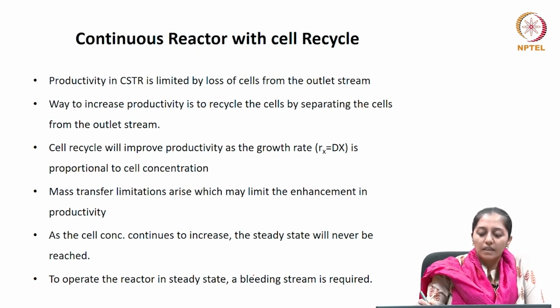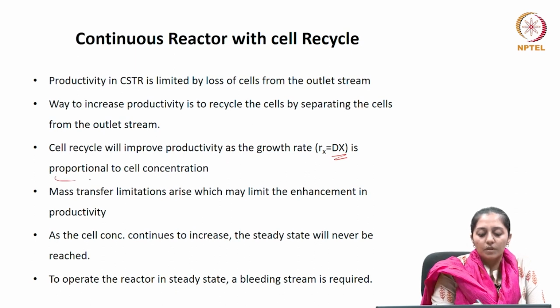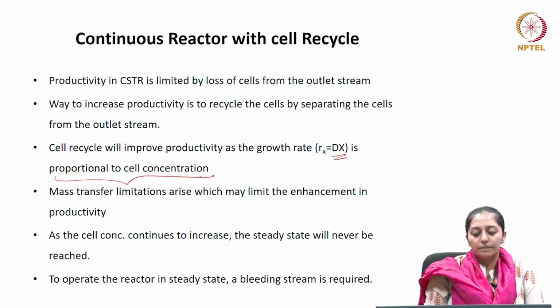So, which is productivity. Productivity is nothing but Dx. So, if x can be continuously increased, then your productivity will increase, because it is proportional to the cell concentration. So, cell recycle will improve productivity. Why?